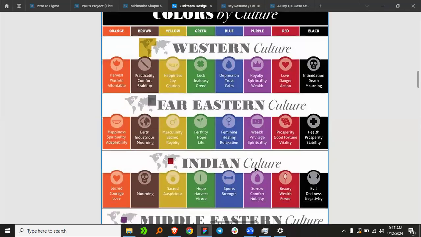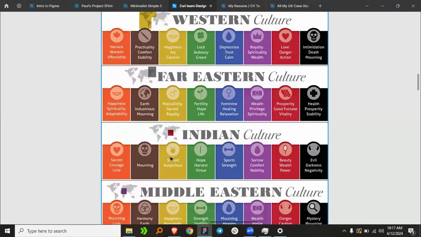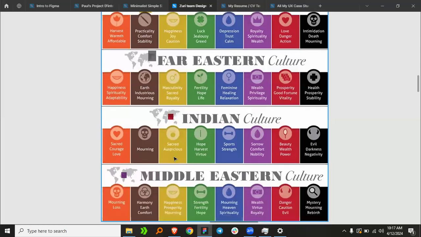Then for Indian culture, if you look at the Far Eastern culture too, sacred is part of what yellow is associated with. The same thing here for Indian culture: yellow is associated with sacred, auspicious. Then blue: sports, strength. Then red: beauty, wealth, and power.